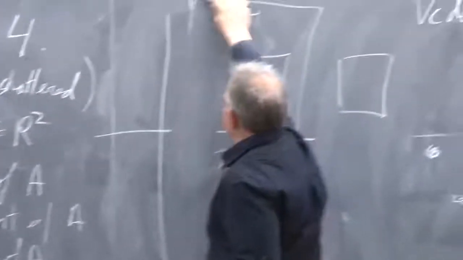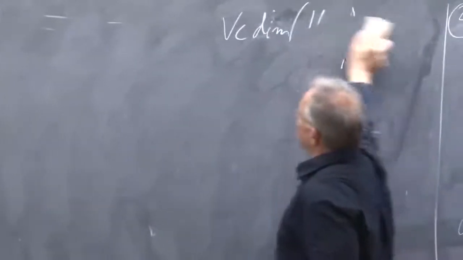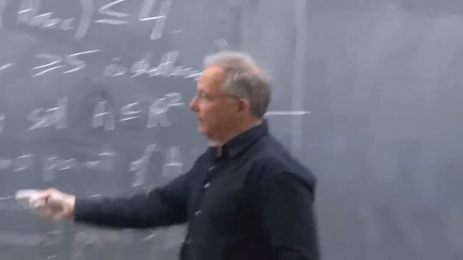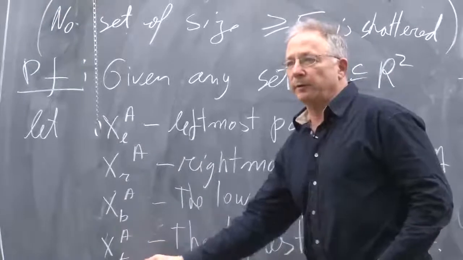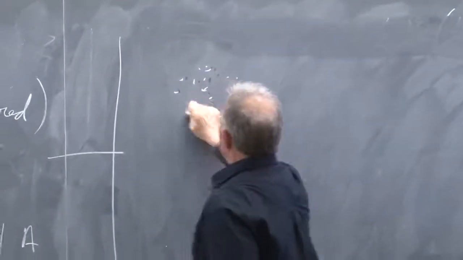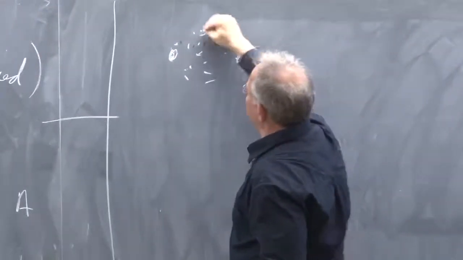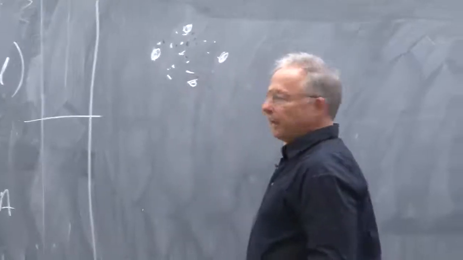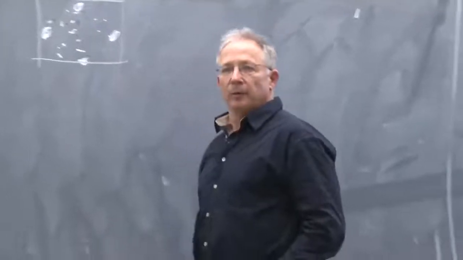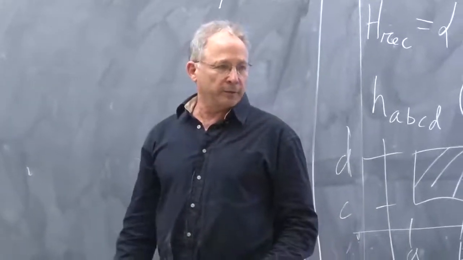And now I claim it's pretty clear that any rectangle that contains the topmost, the rightmost, the bottommost, and the leftmost point will contain all of A. Here is my set A. And I pick the leftmost, the rightmost, the topmost, and the bottommost. If I have any rectangle that captures all of these points, what does it do to A? All of A is going to be included.